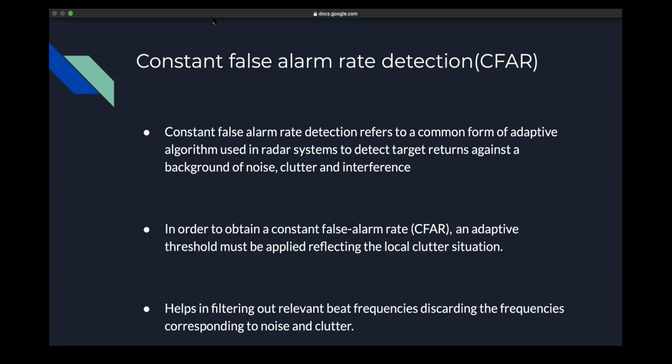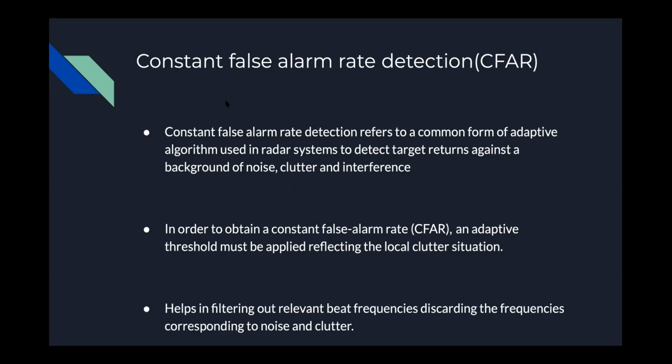Okay, so like in the diagram above, we have seen something called OS CFAR, where CFAR stands for constant false alarm rate detection. What it basically does is use an algorithm to detect a target against the background noise and clutter interference.